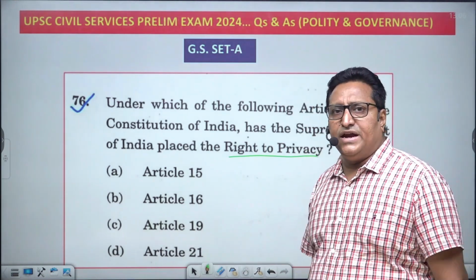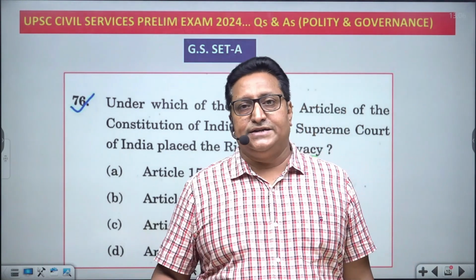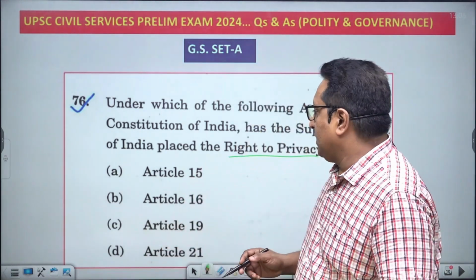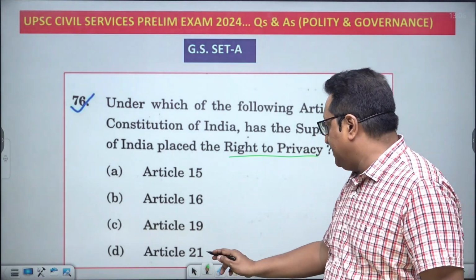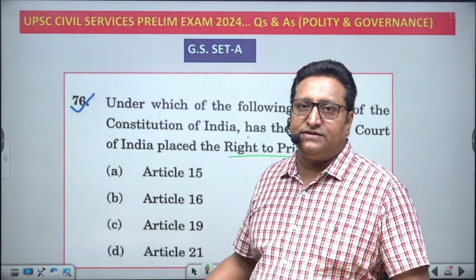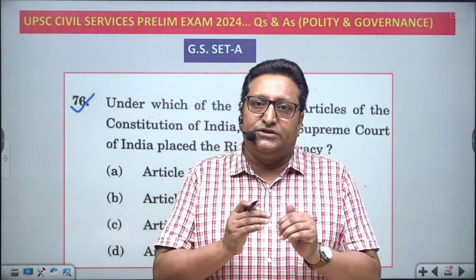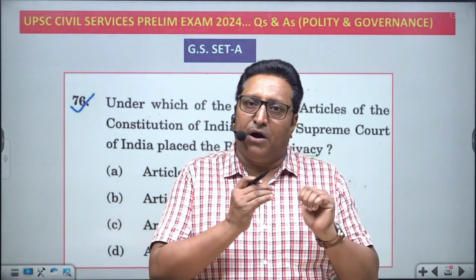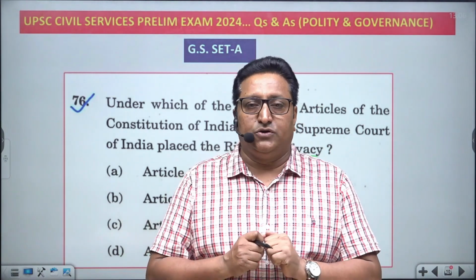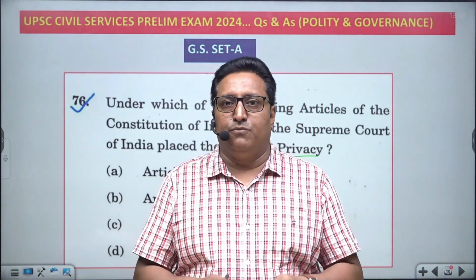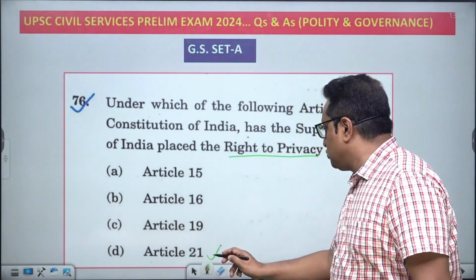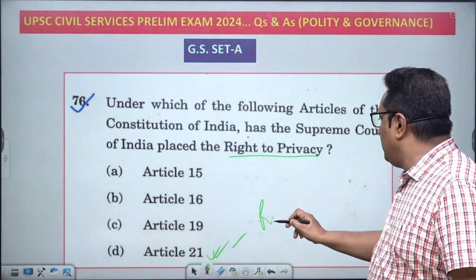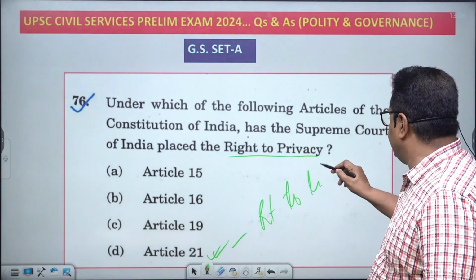Now, the right to privacy judgment was delivered recently, in 2018, in the Puttaswamy case by the Supreme Court. And it said that even though the right to privacy inheres through the entire Constitution, particularly through the entire Part 3 that talks about fundamental rights, more specifically it is implied under Article 21, that is, right to life and personal liberty.